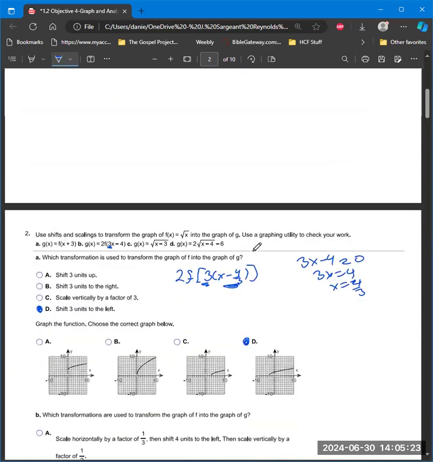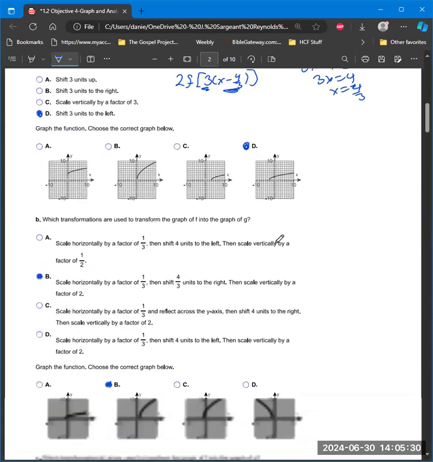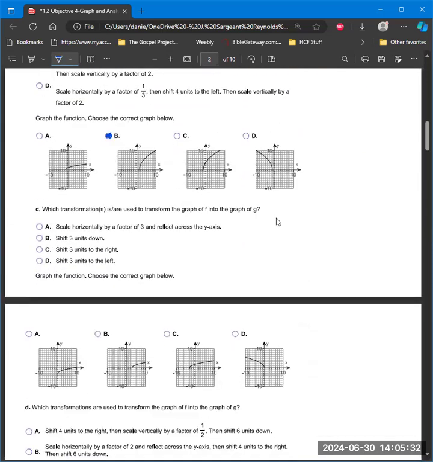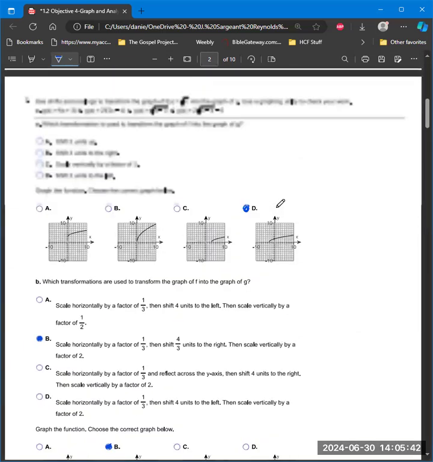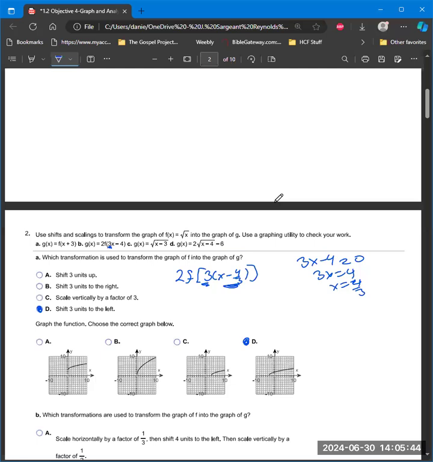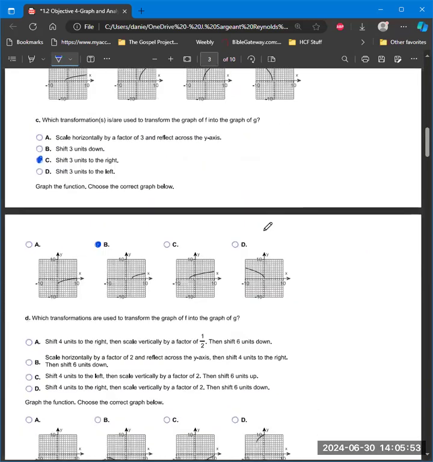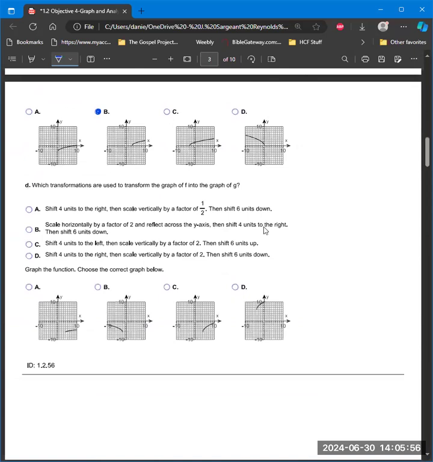Now we have g of x equals square root of x minus 3. So we're going to shift 3 units to the right. That is going to be b. And then this next one is shift 4 units to the right, stretch vertically by a factor of 2, and then shift 6 units down.